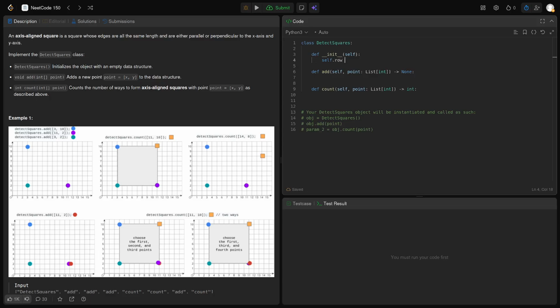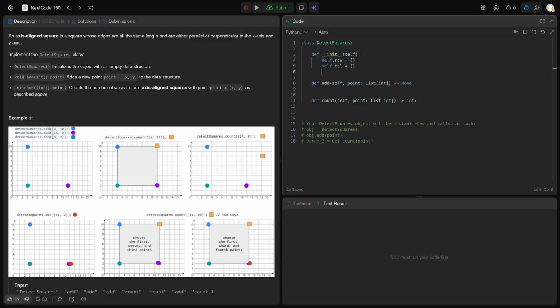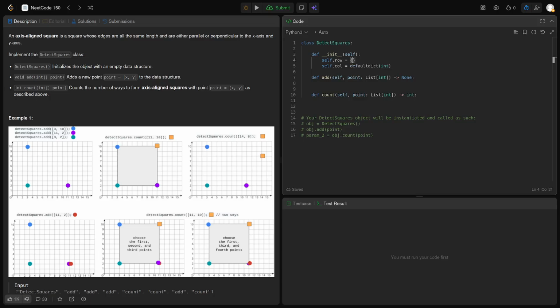So what do we need to do? Row, column, and then we also need count, because we are going to go through, no, not through the default dict int.